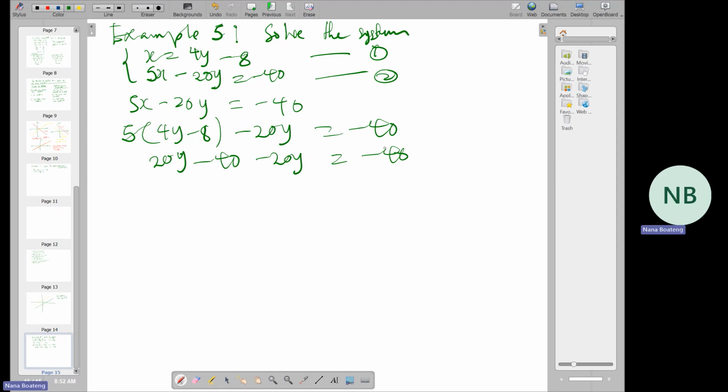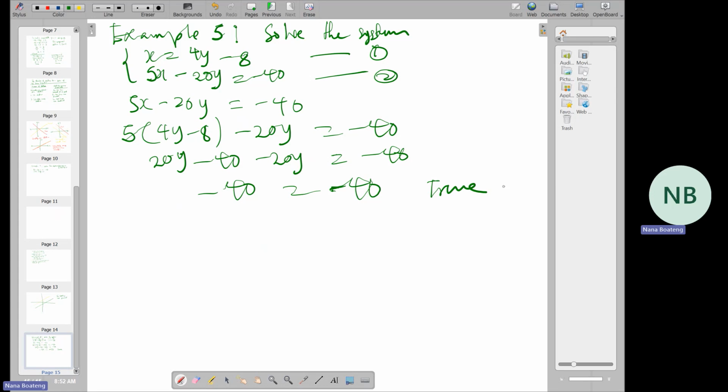And so 20y minus 20y is 0. And so we end up with negative 40 is equal to negative 40. Well, this is a true statement, but we don't have a y. So we will say that the system has infinitely many solutions.